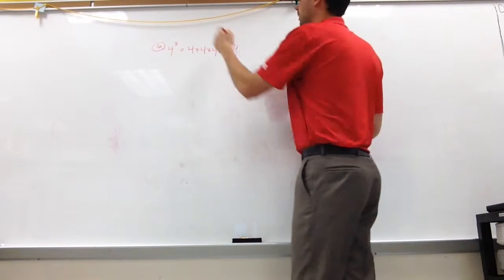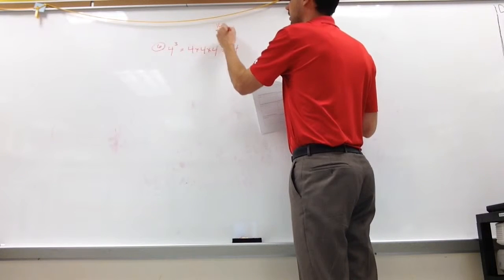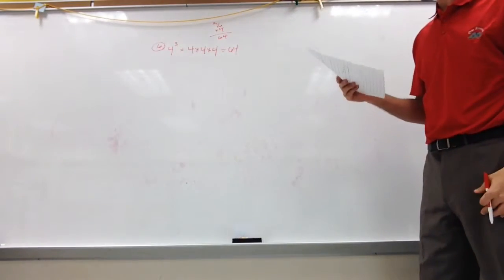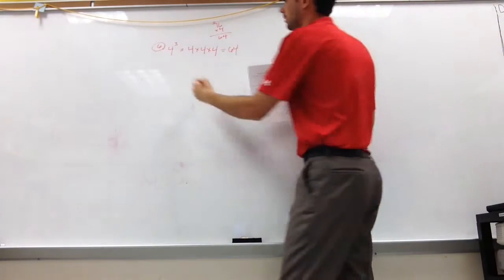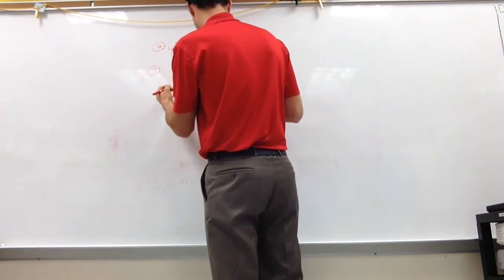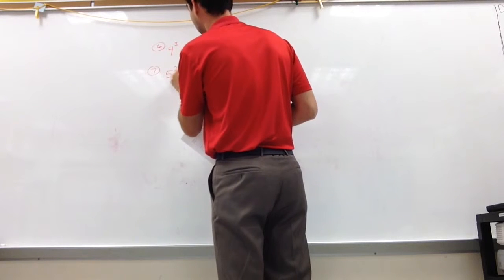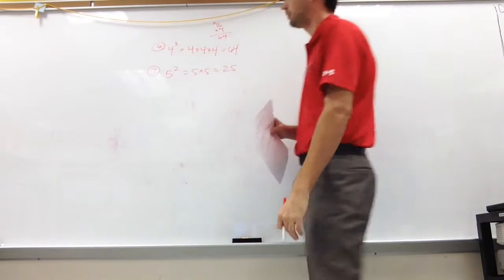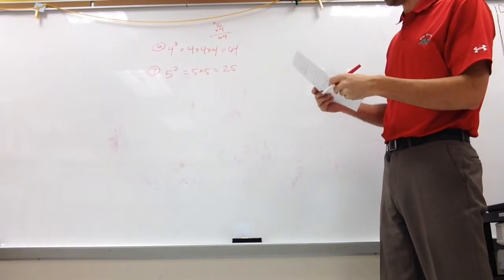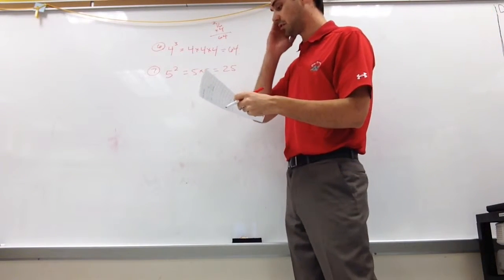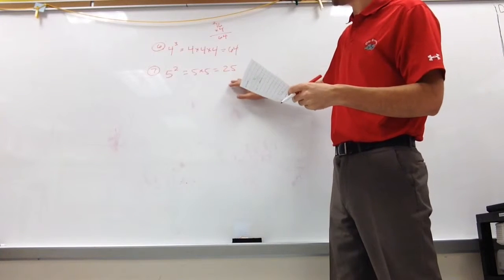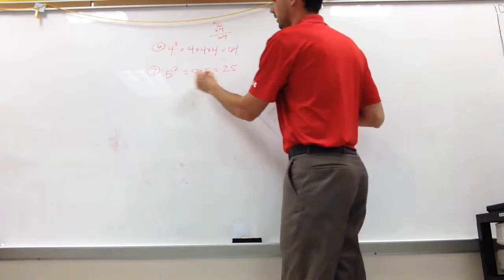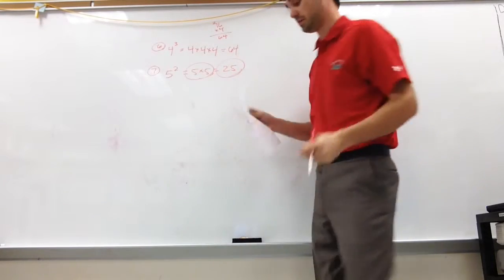If you can't do the math in your head, you could do it the long way. Number 7, 5 to the second is equal to 5 times 5, which is the same as having 25. So that's what it means to write each power as a product of the same factor, and it's finding a value. It's going to be worth 2 points on the test tomorrow, this is worth 1 point, this is worth 1 point.